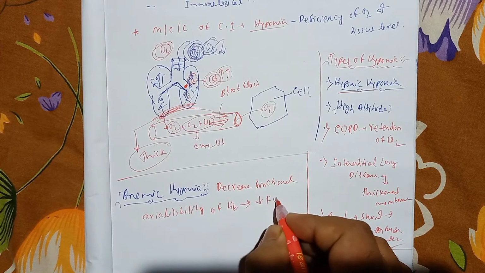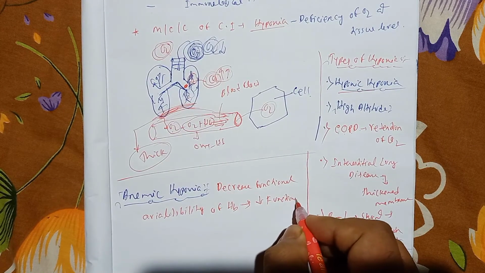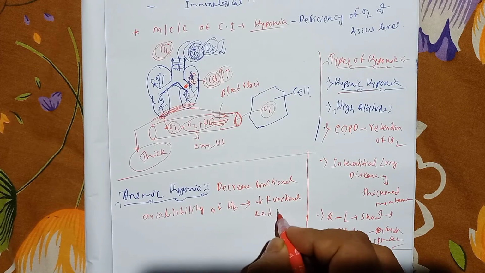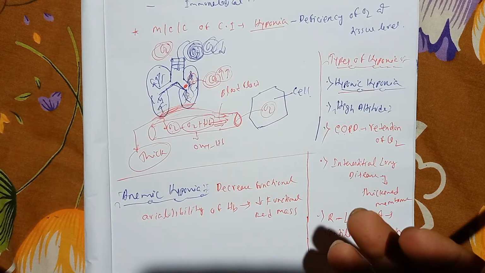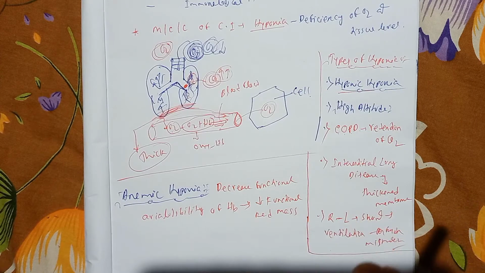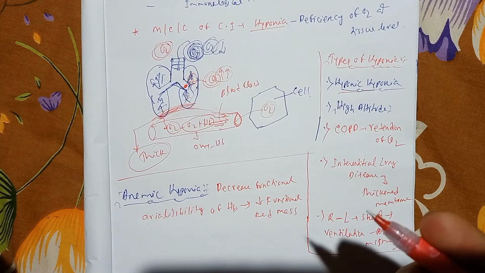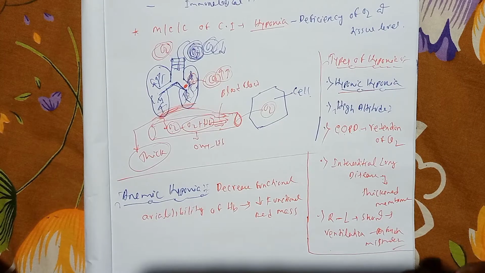So if there is decreased functional availability of hemoglobin, there will be less hemoglobin. If there is less hemoglobin, of course, there will be less oxygen combined with the hemoglobin. That is not sufficient for our body, for our cells.